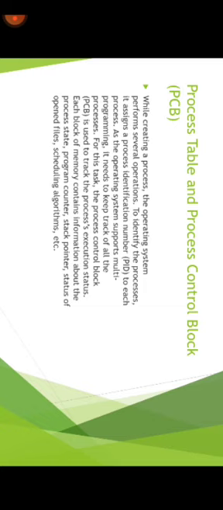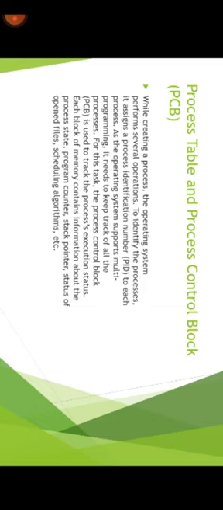When creating a process, the operating system performs several operations to identify the process and assign a process identification number to each process. As the operating system supports multi-programming, it needs to keep track of all the processes.